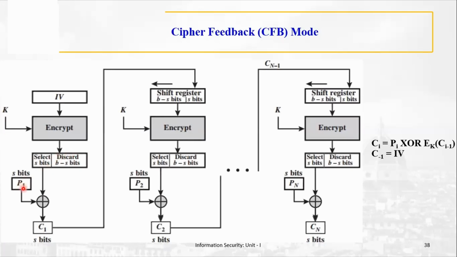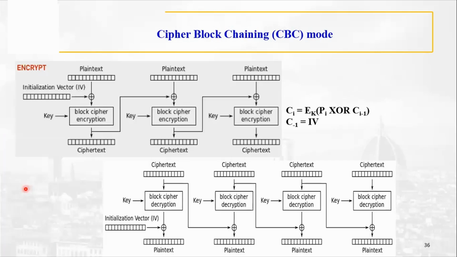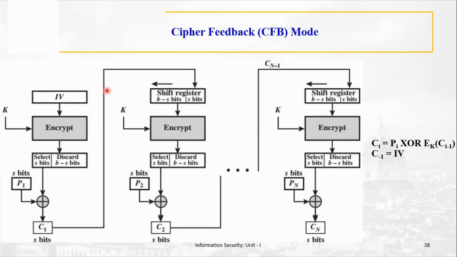Now, here we are not keeping the size of the initialization vector the same as the plain text. The problem earlier was that the size of the initialization vector and plain text was the same. So if a hacker gets hold of the randomly generated IV data, then it becomes easy to know the block size and all these things.